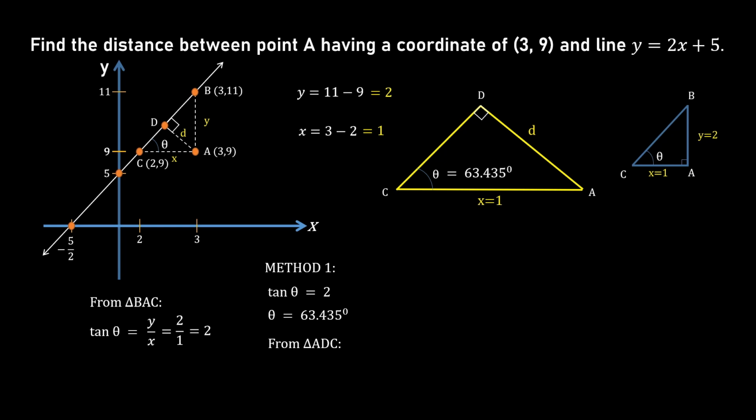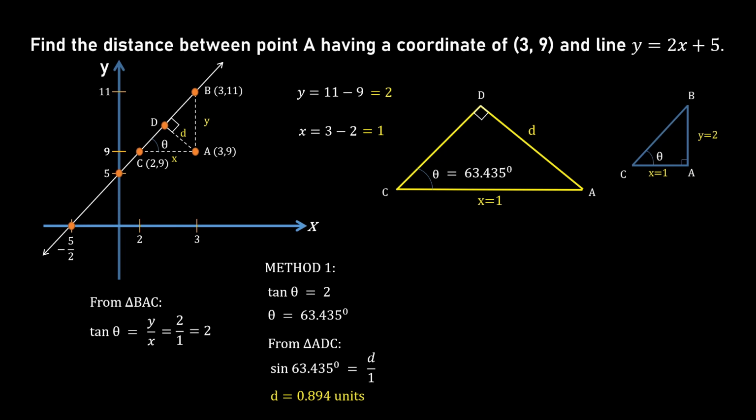So, from triangle ADC, sine theta, which is equal to 63.435 degrees, is equal to the opposite side, D, over the hypotenuse, which is equal to 1. From this equation, we can now compute for the value of D, which is equal to 0.894 units.